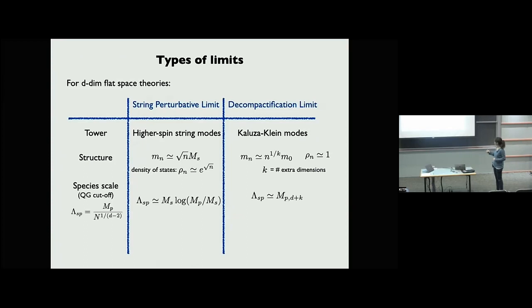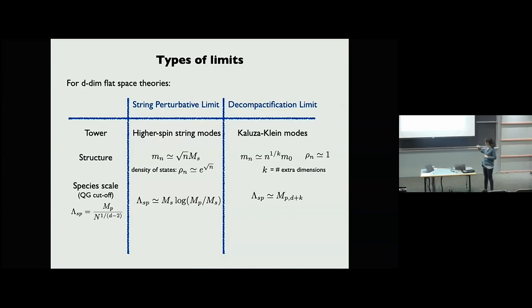And we have the mass of the states of the tower. But then, as I said, if you have an infinite tower of states, Einstein gravity is going to break down. You cannot have infinitely many weakly coupled fields. So at some point, quantum gravity comes into place. You cannot have a quantum field theory anymore in the same number of dimensions. And the quantum gravity scale, we parameterize it in terms of this species scale, okay, at which quantum gravitational effects become important.